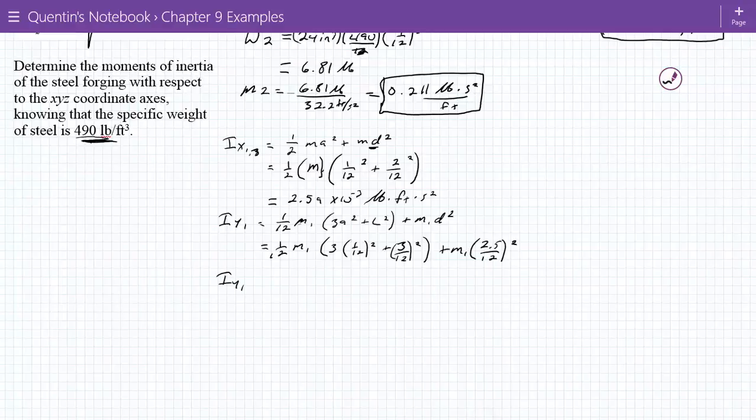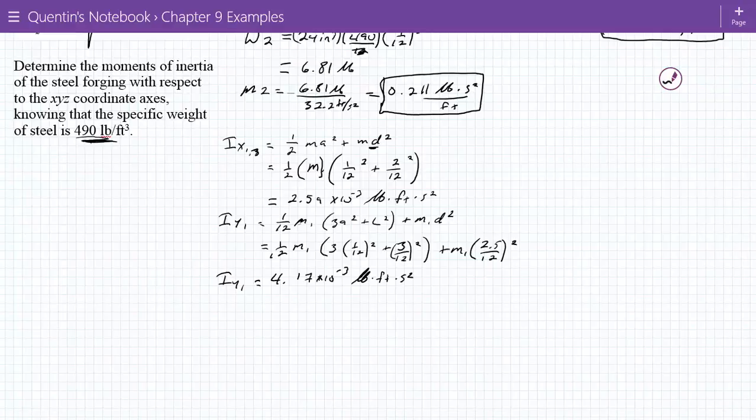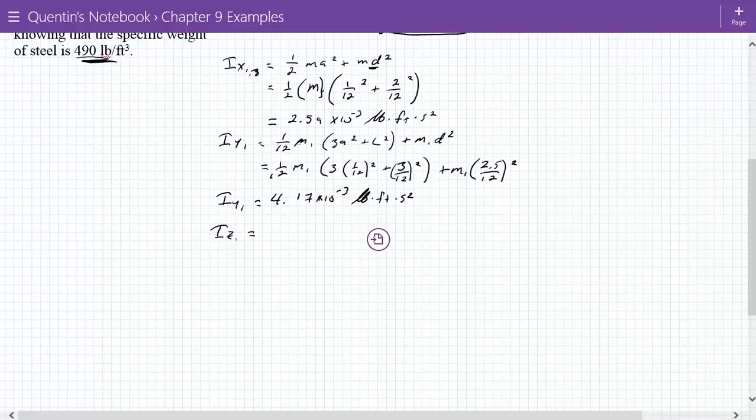So Iy1 is the same as Iy3, and it ends up being 4.17 times 10 to the minus third, and same units, pound, foot, second squared.